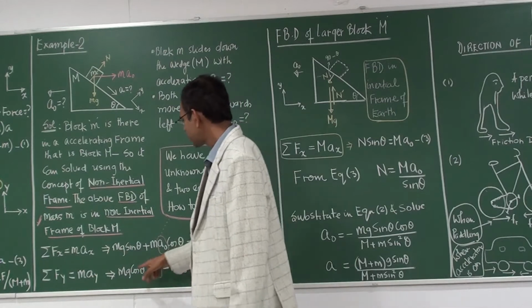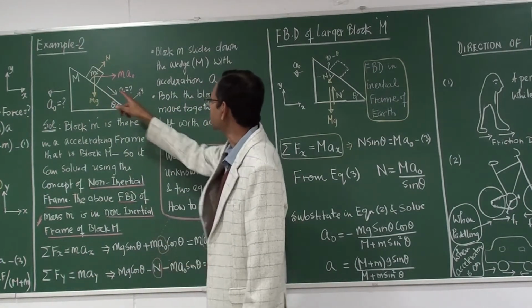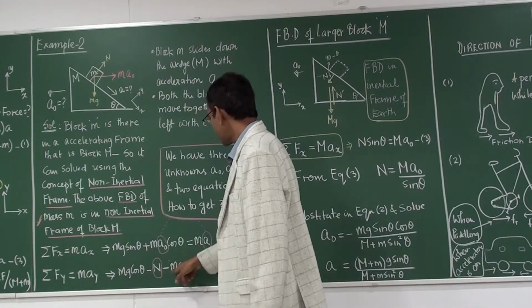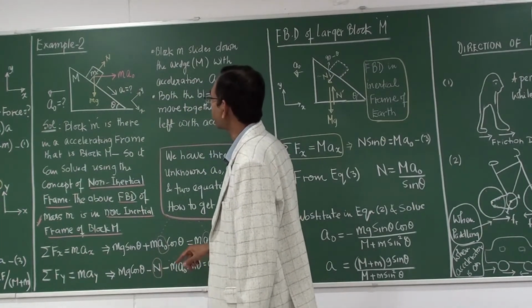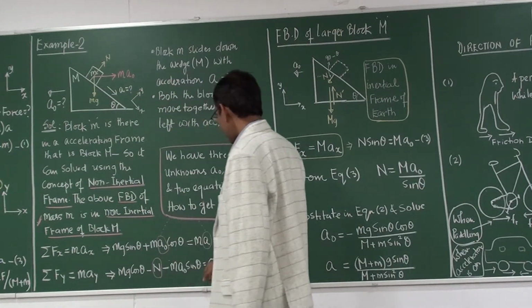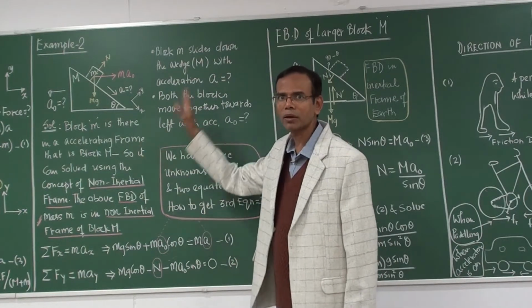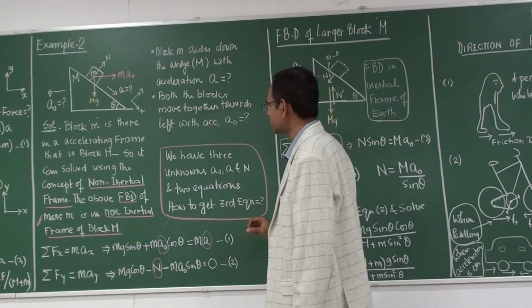So again I write mg cos theta minus N minus m a0 sin theta is equal to 0, because there is no acceleration along the vertical direction.